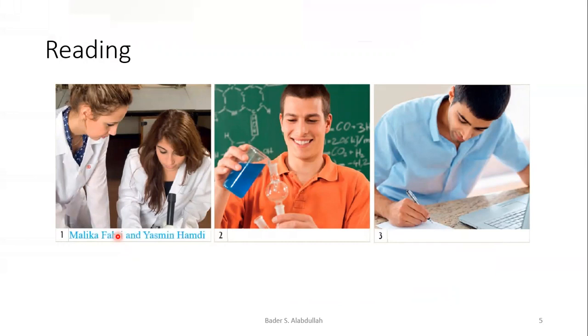Yep, Malika Fahri and Yasmin Hamdi. Okay, this one is doing a chemical reaction. Obviously, I don't know what he's doing, but he's doing something related to chemistry. Maybe. Okay, so who is this guy? This guy is Conrad, right? Because we said Conrad studied chemistry. Conrad Delzer. And this one is the last one, which is Martino Basti.